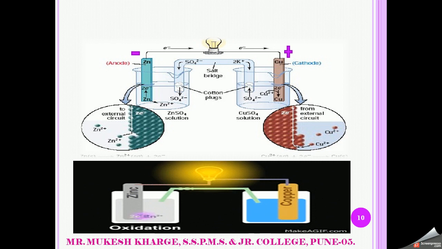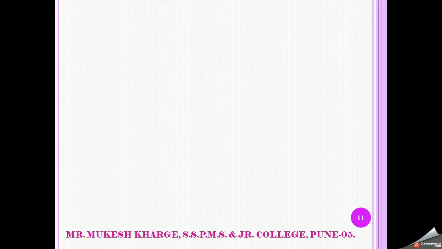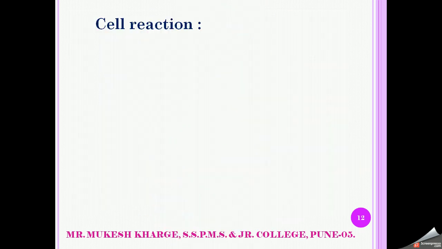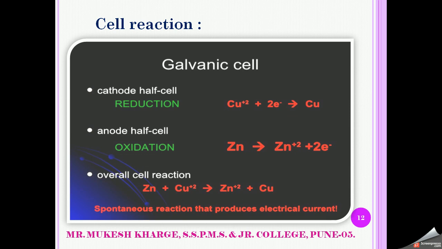Now we have to see another diagram. Now the cell reaction. As we discussed earlier in the working diagram, the following reaction takes place. At the anode, the zinc electrode loses 2 electrons and gets converted to Zn2+. These electrons are lost, that's why the anode is negatively charged. And remember that the anode is the electrode where oxidation takes place, because of loss of electrons.